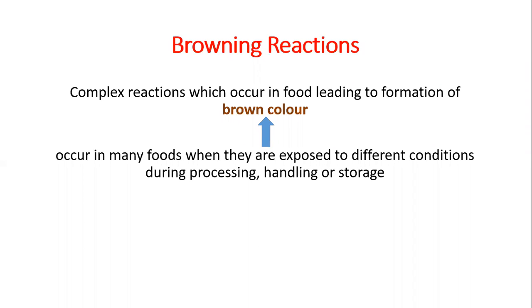These are very complex reactions which occur in food, leading to formation of brown color pigments, and occur in varying degrees in many foods when they are exposed to different conditions during processing, handling or storage.